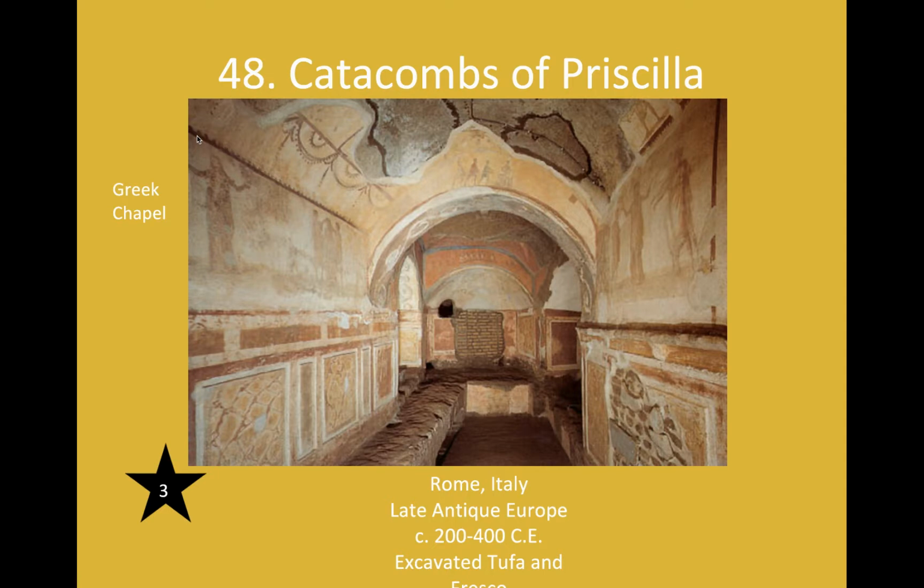So let's get started. The Catacombs of Priscilla. These are from Rome. They are subterranean, under the ground, and they're from what we call the time period, the late antique Europe. And it's because we're sort of at the beginning of early Christian, late antique, so the end of Roman occupation. This is when Christianity is not legal yet.